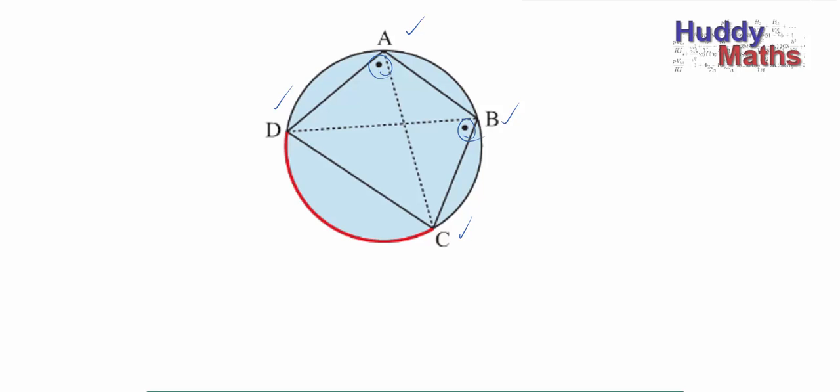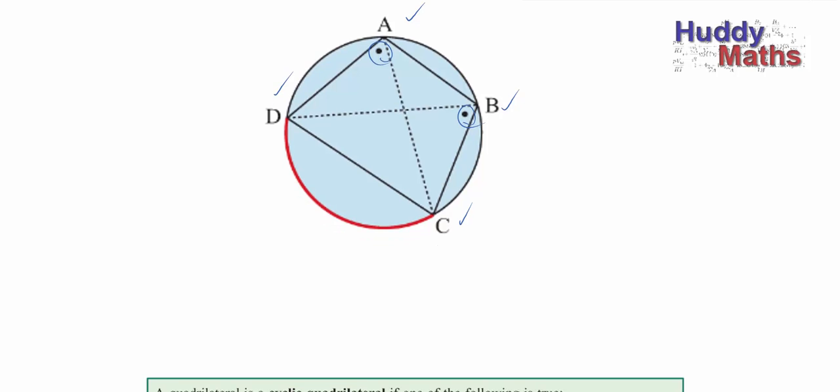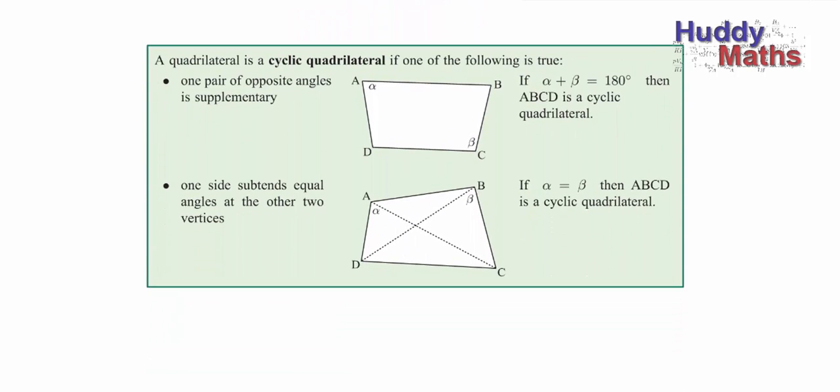So there's quite a few results that are going to be relevant now. So let's have a look here. If a quadrilateral is a cyclic quadrilateral, if one of the following is true, we can have those two add up to 180, and that's what we've been doing.